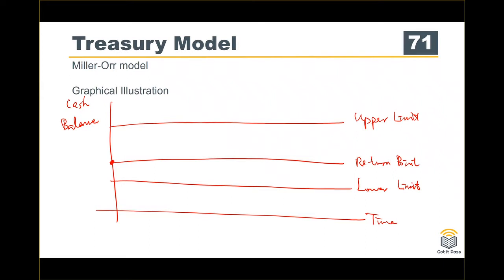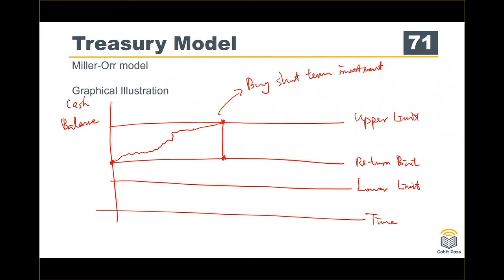So when the business is going up, you can accumulate a lot of cash. Once it hits the upper limit, from here, you buy short-term investments to reduce your cash balance to the return point instantly.